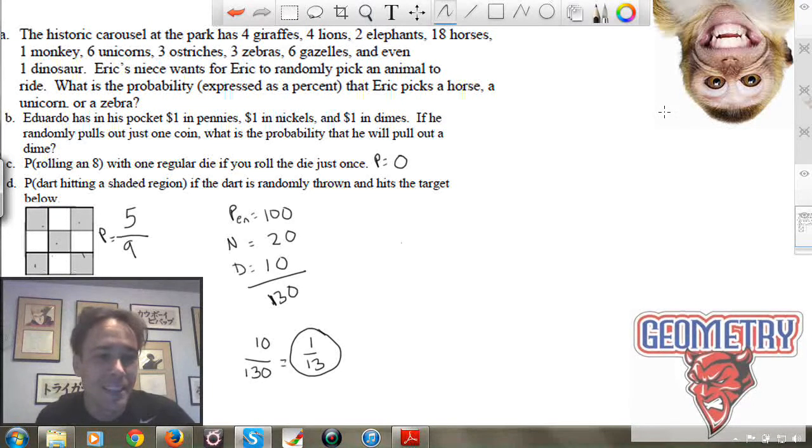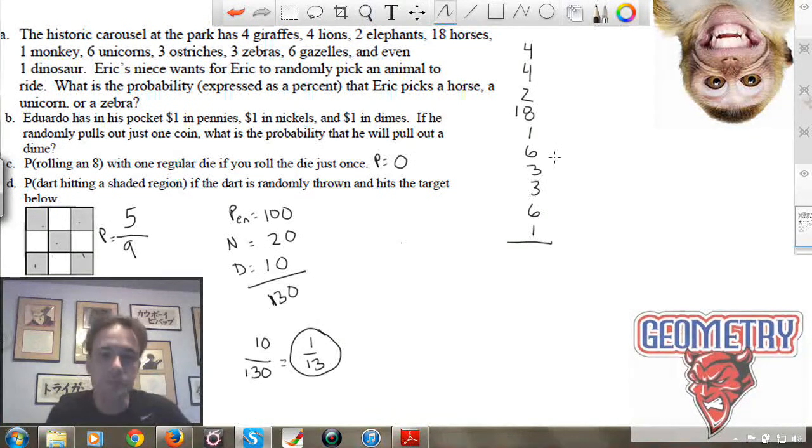So we've got to figure out what the probability is that Eric picks a horse, a zebra, or a unicorn. So let's figure out how many animals there are total. So it says there's 4 giraffes, 4 lions, 2 elephants, 18 horses, 1 monkey, 6 unicorns, 3 ostriches, 3 zebras, 6 gazelles, and even 1 dinosaur.